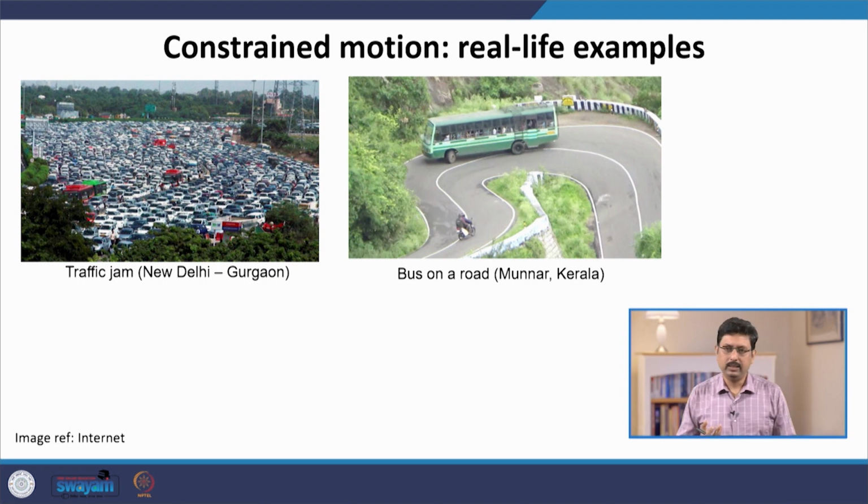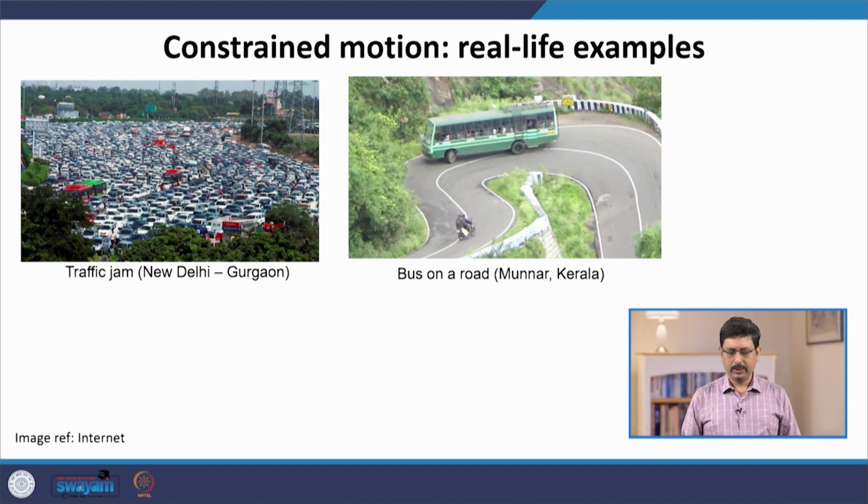To me at least, when I talk about constraint motion, the first thing that comes to my mind is a traffic jam, such as shown in this figure. These cars cannot move because there are other cars surrounding them.